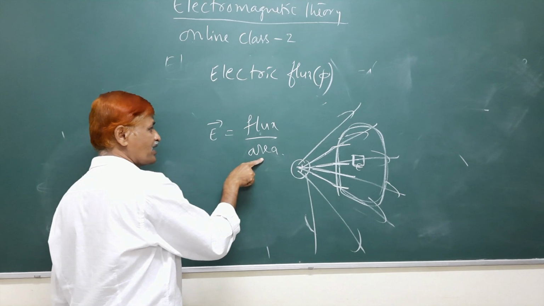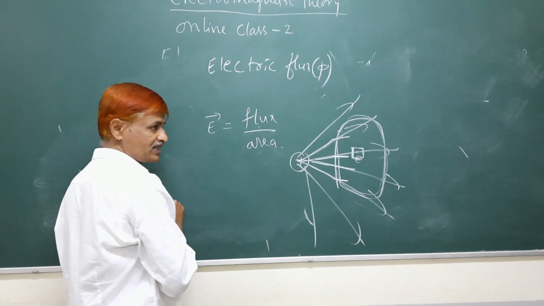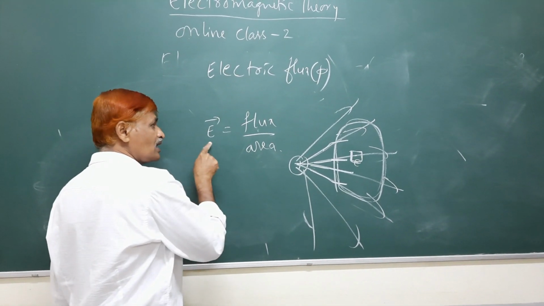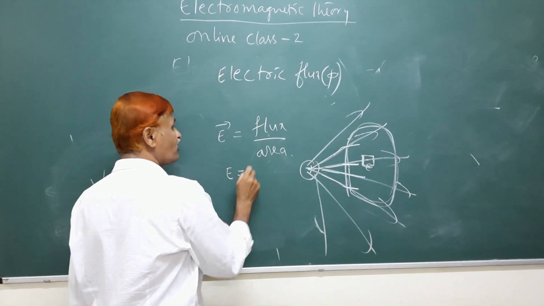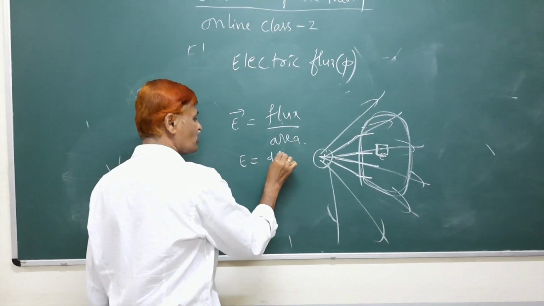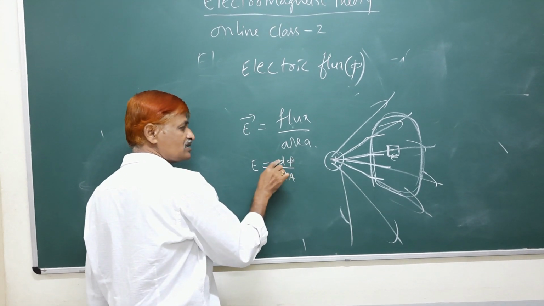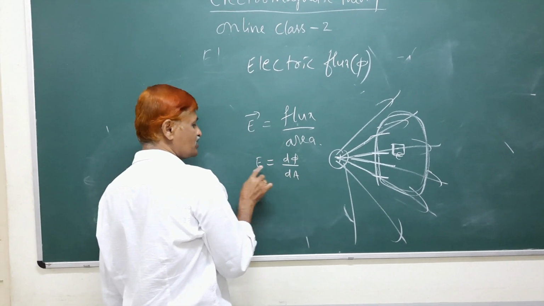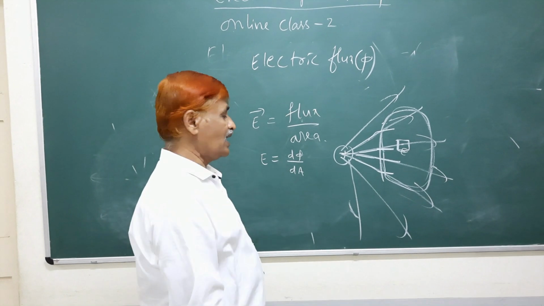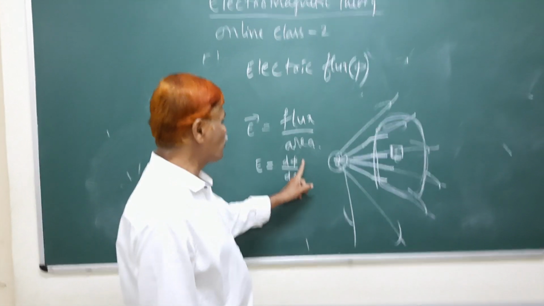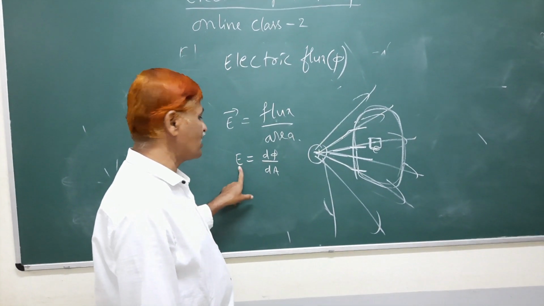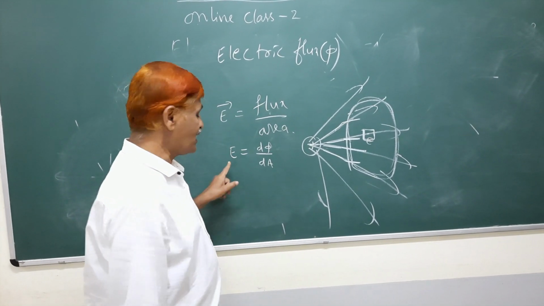We make it a vector, for that reason E is a vector. E is d phi by dA. If flux is small for a small area, then change in flux divided by change in area we take as electric intensity. Weber per meter square is the unit of electric intensity.